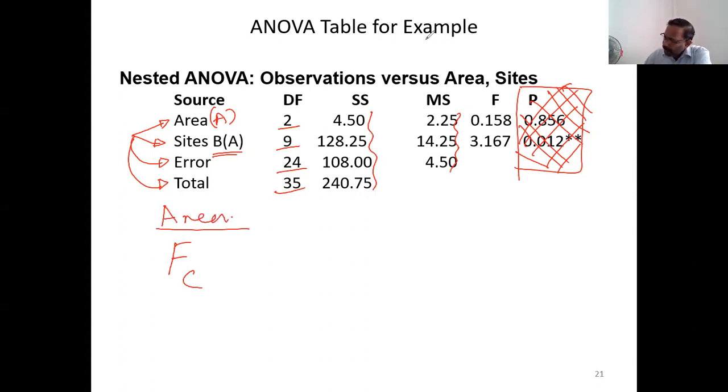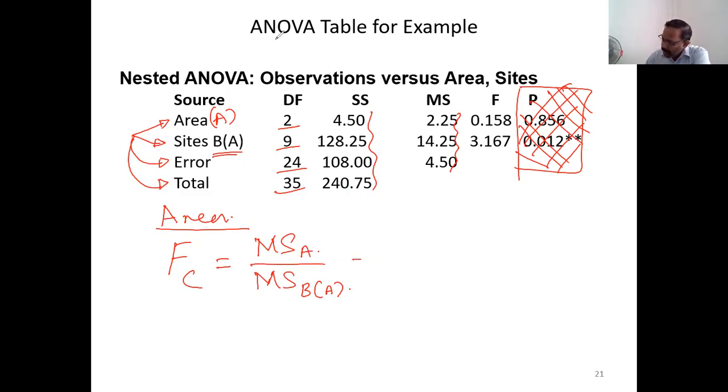Can you remember yesterday I gave the formula for factor A? What is the calculated value of F? That is the mean square due to A divided by the mean square due to B within A. Can you recall?